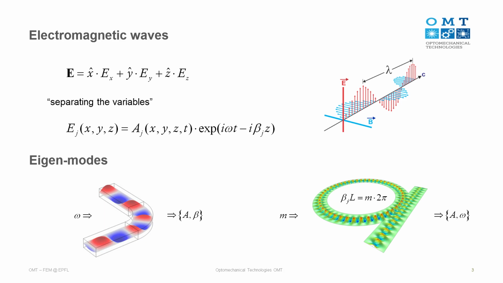There's also another way of looking for eigenmodes, which is in a resonator system. The resonator gives you the boundary condition, which means your propagation constant times the cavity length should be an integer multiple of 2 pi, so it finds the phase match over each round trip in a cavity.